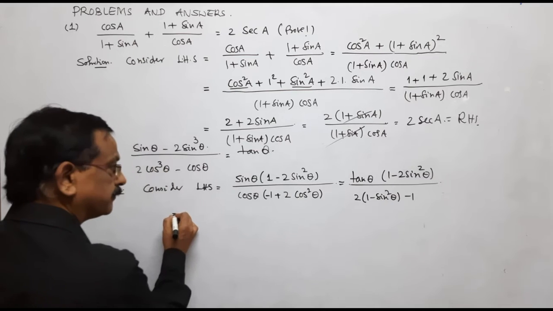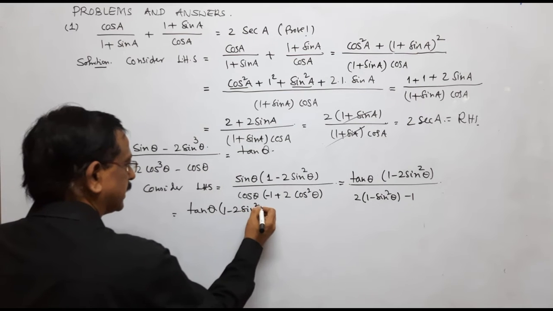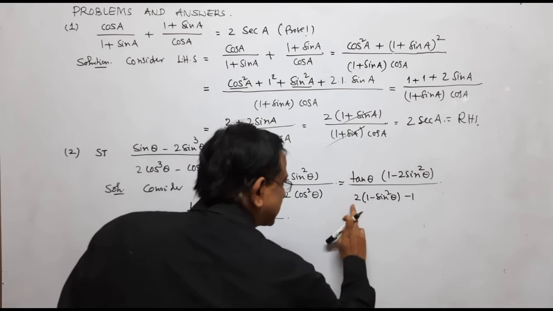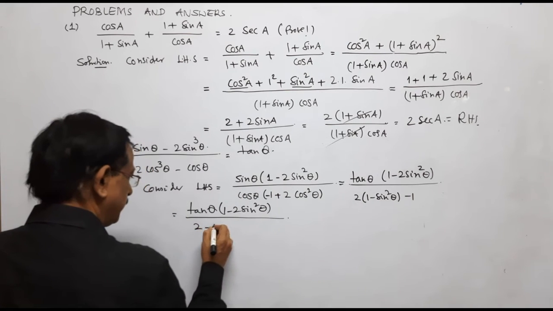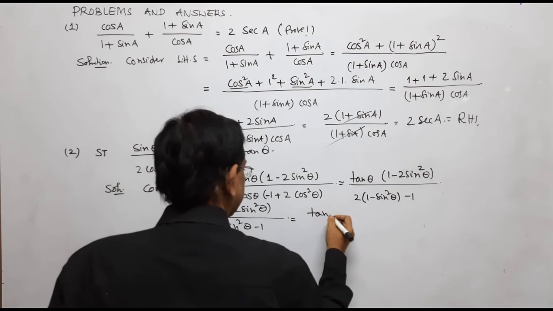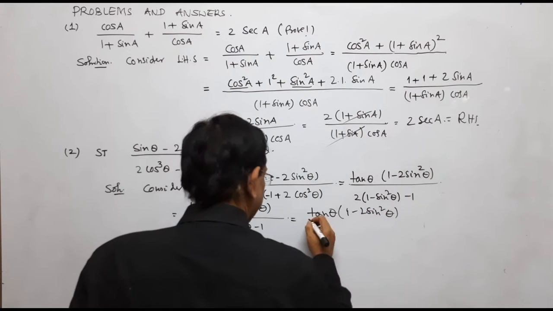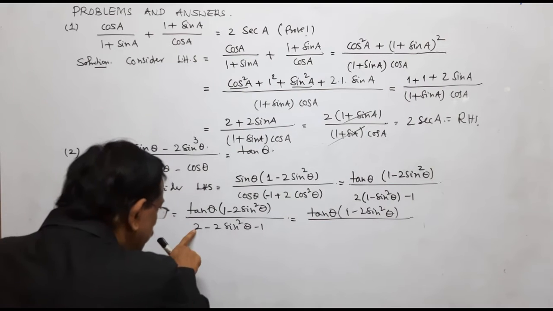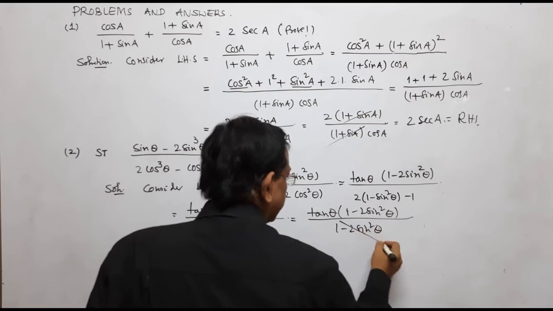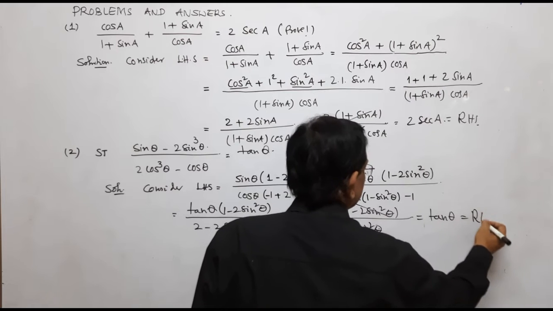This is equal to tan theta into 1 minus 2 sin square theta by, let us simplify this again. 2 minus 2 sin square theta minus 1, which is equal to tan theta into 1 minus 2 sin square theta by, see, 2 minus 1 is 1, 1 minus 2 sin square theta. Again these two will go out. So finally I will have tan theta, which is RHS.